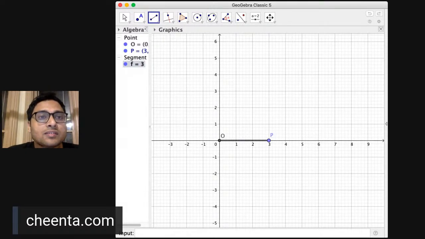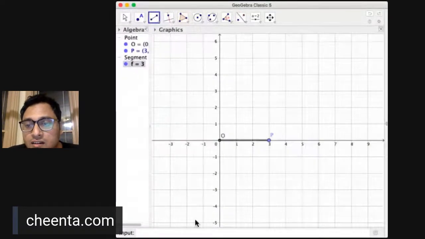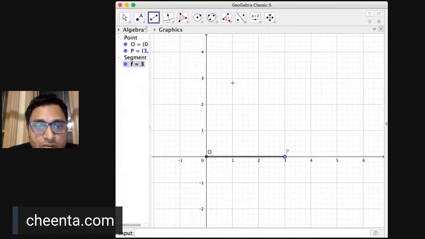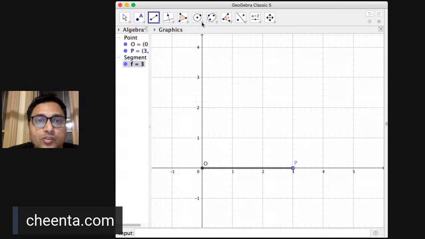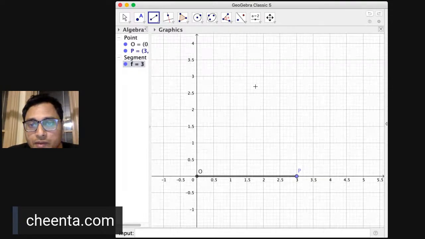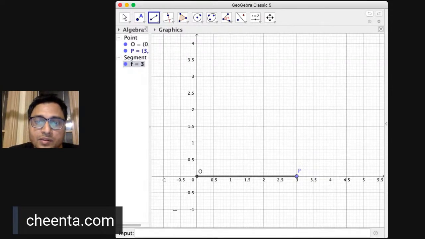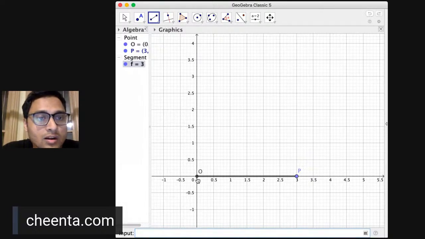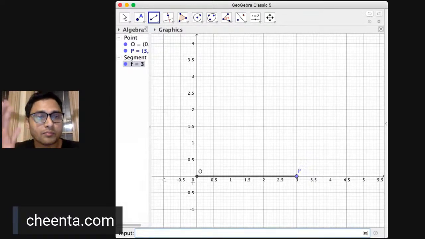Let's not show labels, and let's change the labels into new points. I think all of you can see it. You should do this experiment at home as well, in your notebook. All of you can see OP. What I'll do is turn OP about the point O by a certain amount.